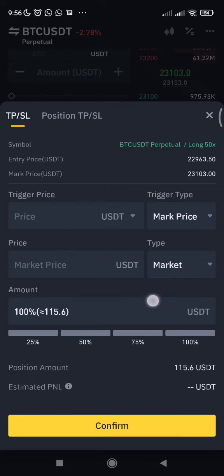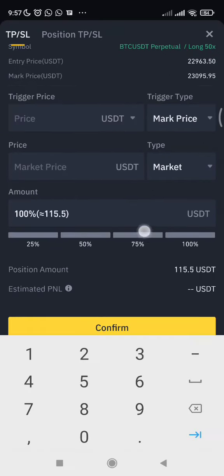Like let's say BTC he bought at 22,963, and you have first TP at 23,100, which, looking at our market price here, we already hit. Maybe the next second TP is at 23,200 or 23,000. Then the next one 23,400. I'm doing a blind guess here because I don't have the TP written down somewhere.